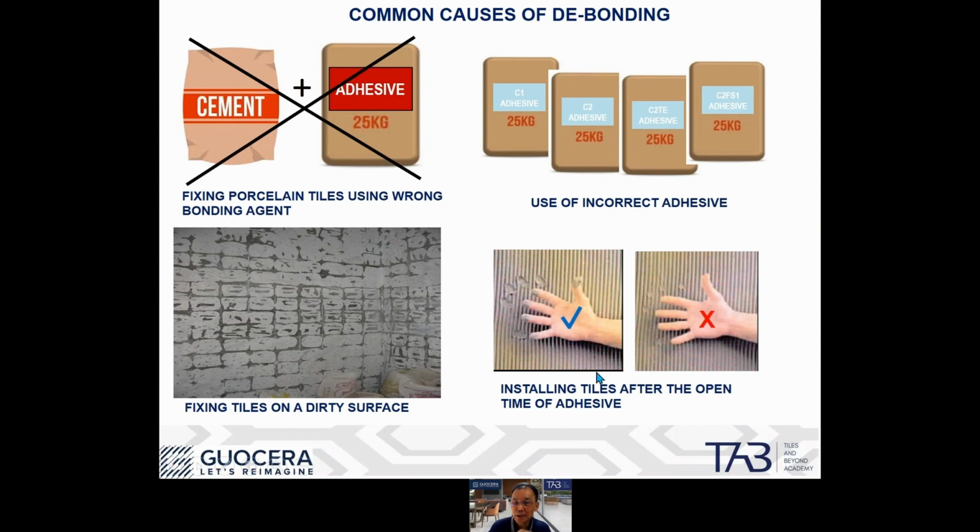Or, even though the coverage is full, whether the contractor installed the tiles after the open time could be a reason. And again, what bonding agent did the contractor use? Was it the correct adhesive with the correct bond strength, or was cement used?